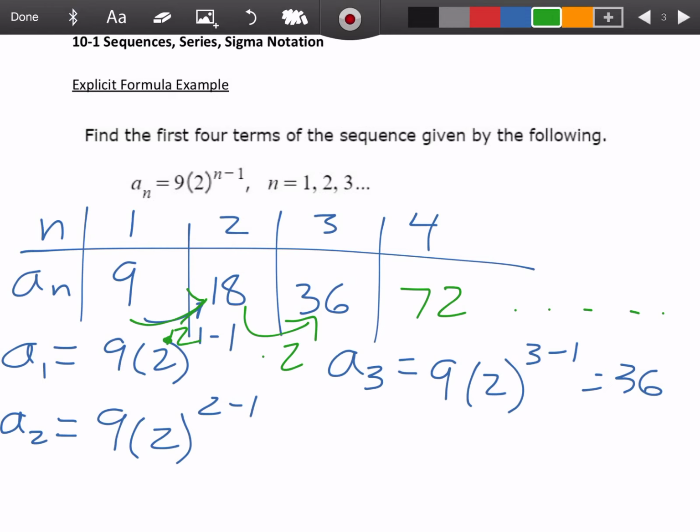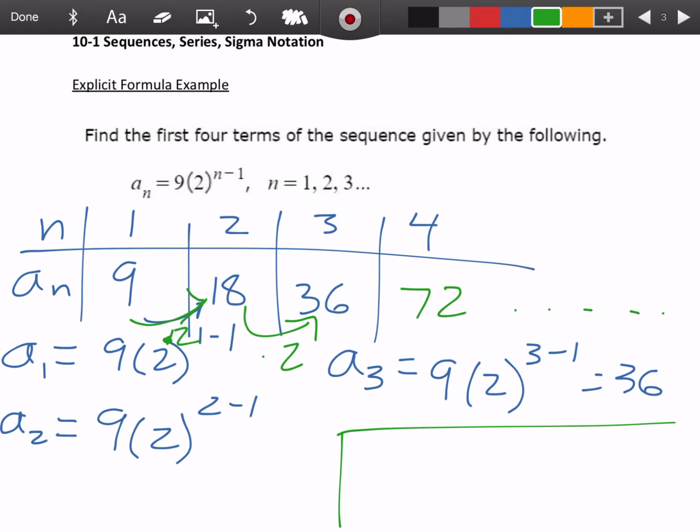So a little bit different example where we're multiplying instead of adding to get to the next one, but still an explicit formula where you just plug in the number into the variable of n. There might be some times where n shows up in different places.